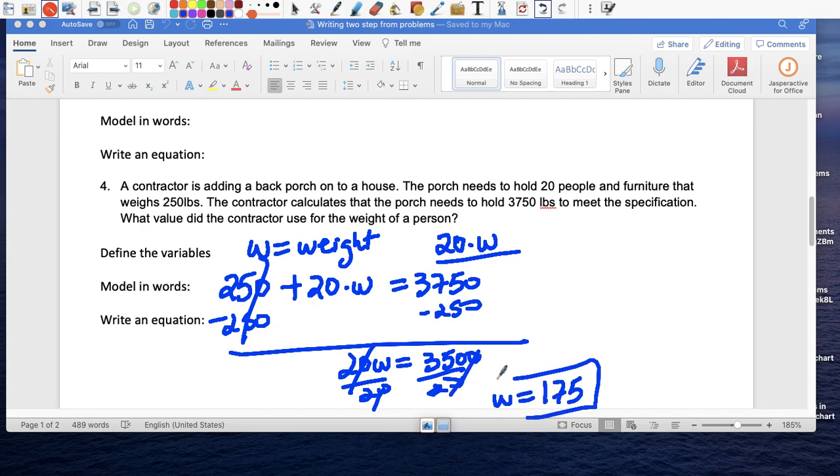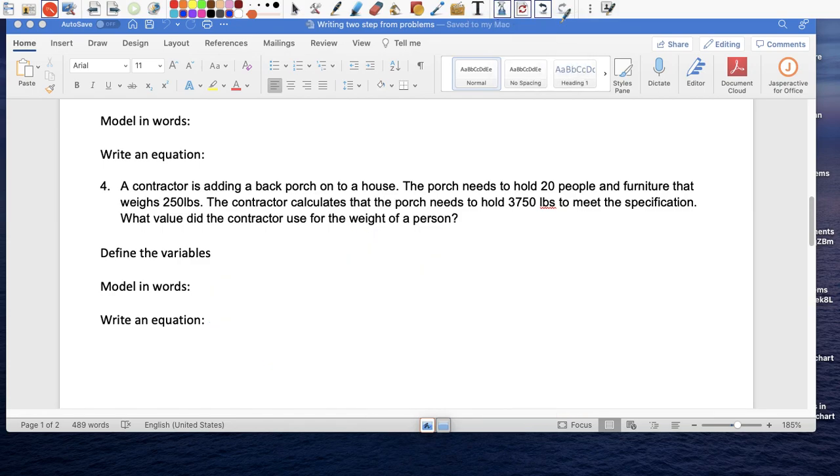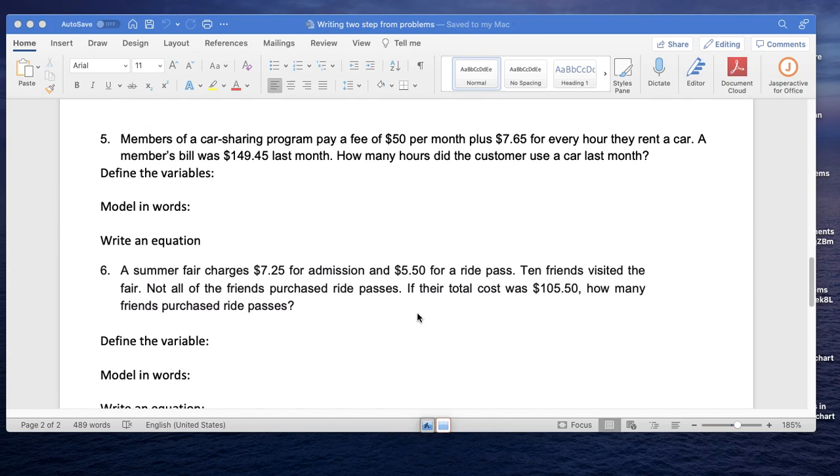So he used 175 pounds as the average weight of each person to calculate how much the porch can hold. Okay, so that's problem 5.